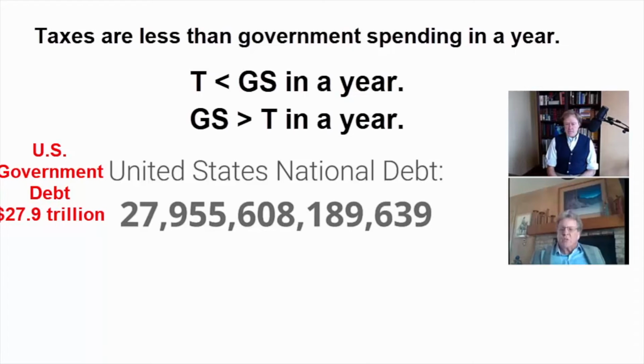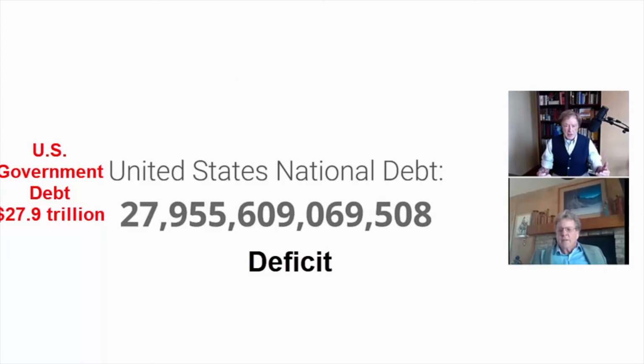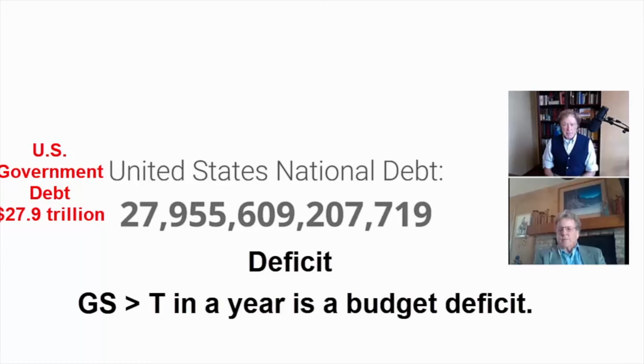The government's fiscal policy is taxing and spending. When the government spends more in a year than it accumulates in taxes, we have a budget deficit. So we can set up a formula where GS, government spending, is greater than T, taxes, in a year, to make it simple for students to remember that that's the deficit.